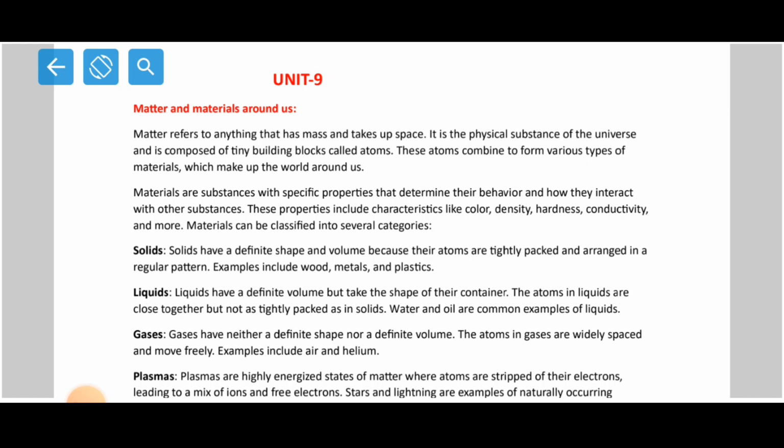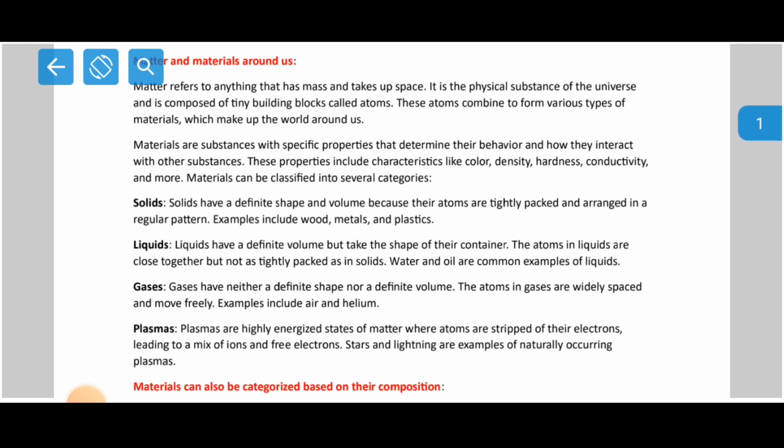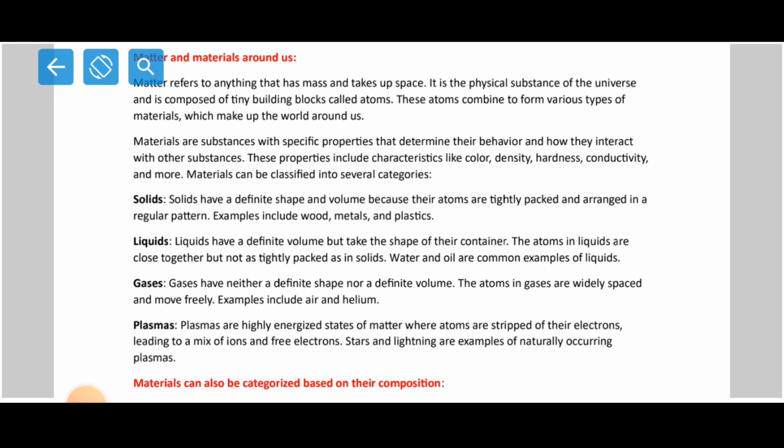Everything present in this universe is made up of the smallest particle, the atom. These atoms combine on and on, and it becomes a big material. Materials are substances with specific properties that determine their behavior and how they interact with other substances.